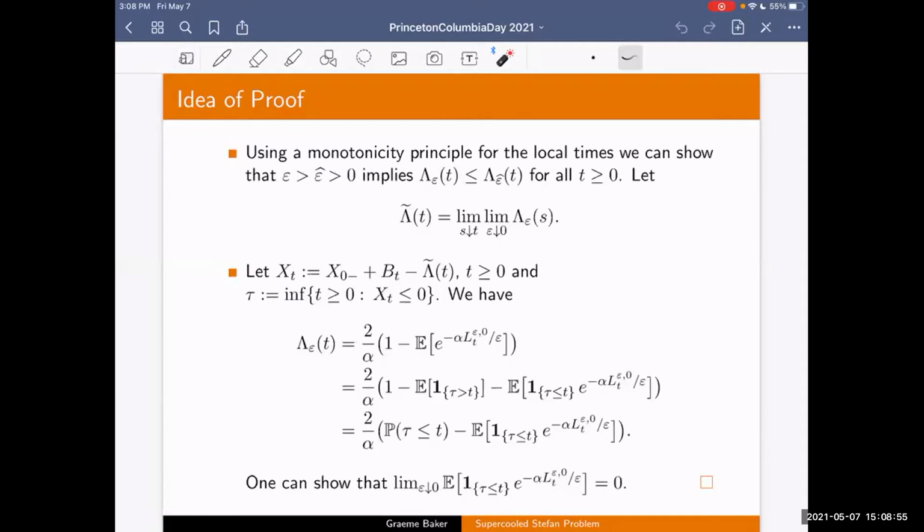And so using our really nice Feynman-Kac formula, we write lambda as the following and split things up when tau is greater than t and tau is less than t. And so one of the things we have is if x hasn't hit 0 yet, then we won't have picked up any local time. And so we get just 1 here, e to the 0. And so this term here we see is thus the probability from this problem for the limits, the supercooled Stefan problem. And then this remainder term, we just have to show that it goes to 0.